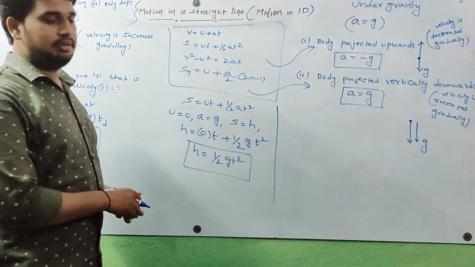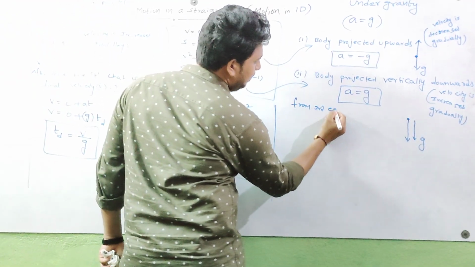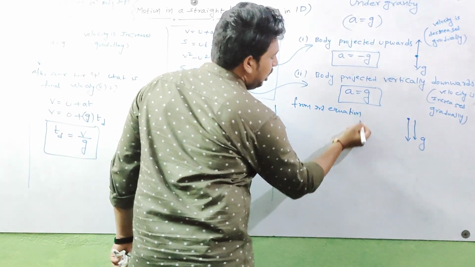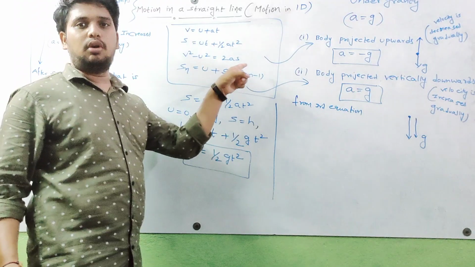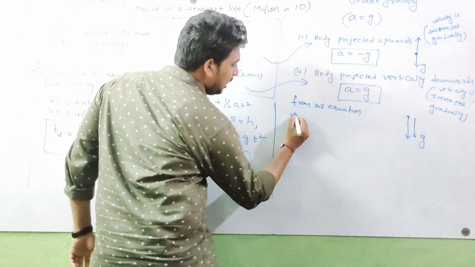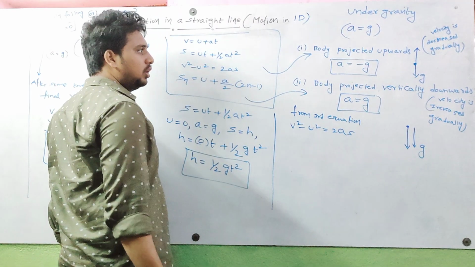Now, how will the third equation be modified here? From the third equation, V square minus U square is equal to 2AS. Already you know the conditions.